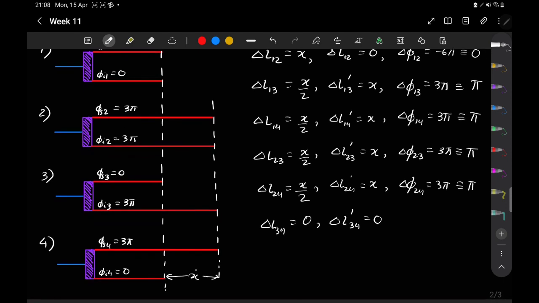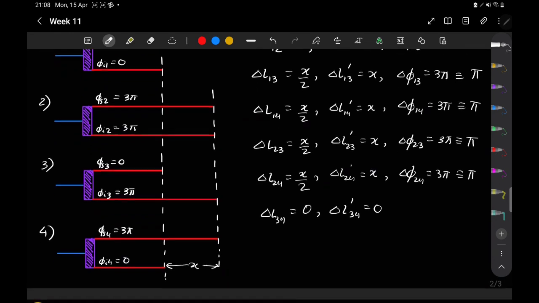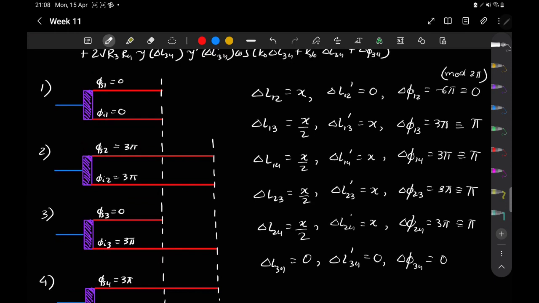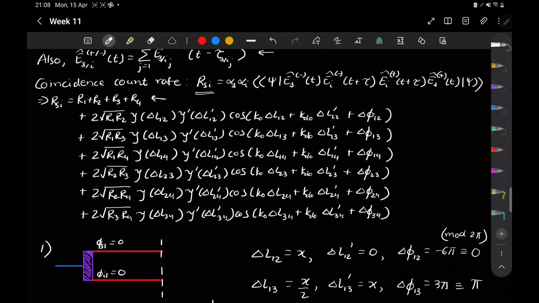So x by 2 minus x by 2, that makes it 0. And delta phi also 0, because 3 pi minus 3 pi, that is 0. So just using these quantities, you can put them up here and you will get the total coincidence count rate.